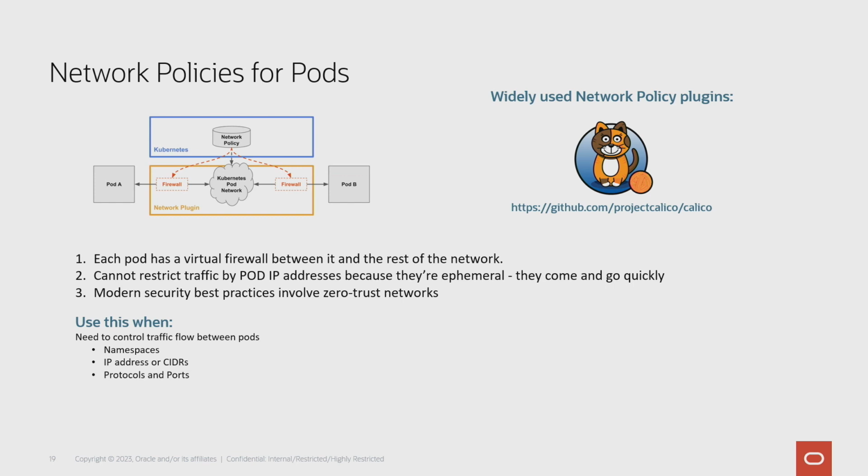So you cannot really control the traffic based on IP addresses and ports using network security groups or security lists in the VCN. You would use something called a network policy that would really define what type of traffic would be controlled between namespaces or pods or IP addresses, CIDRs, be it whatever. And Calico is one such network policy plugin that you could use with OKE to define network policies between pods.